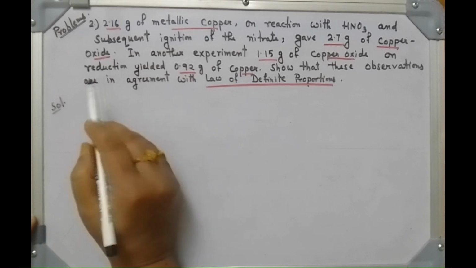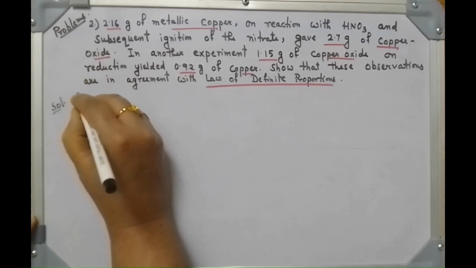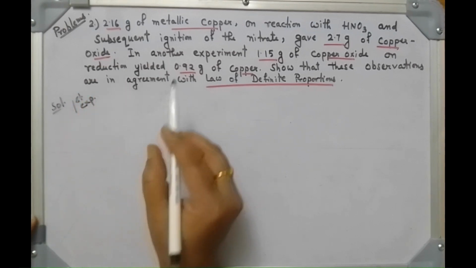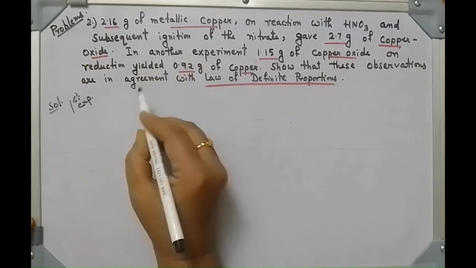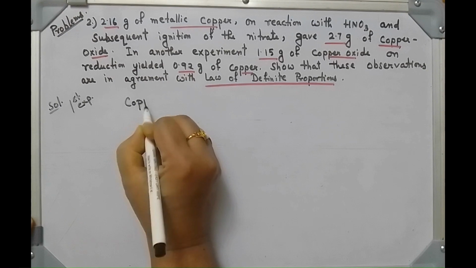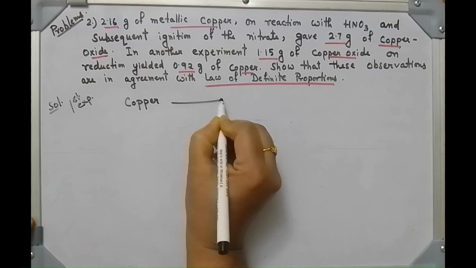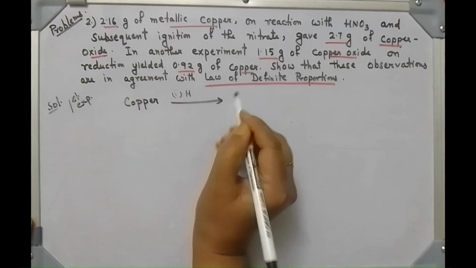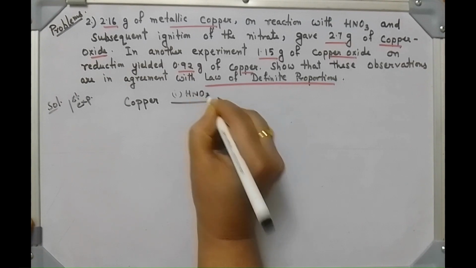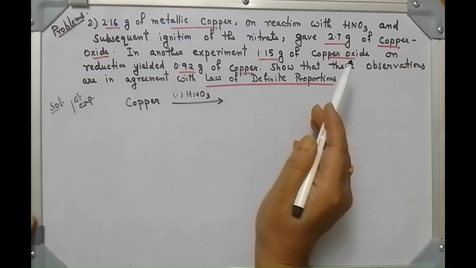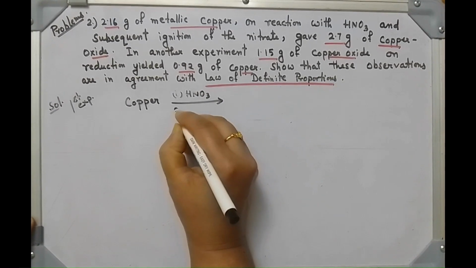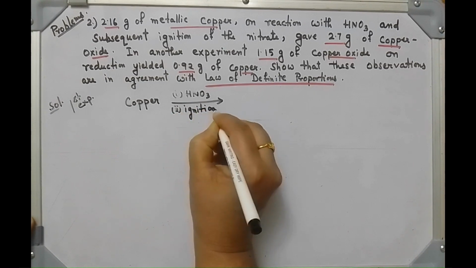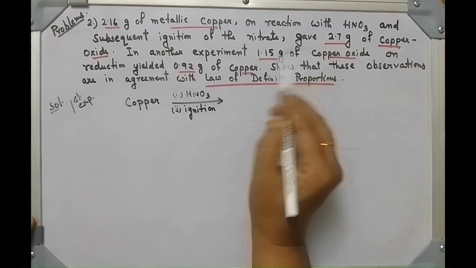Solution. So in the first experiment, it is given that metallic copper is reacted with nitric acid, and whatever nitrate you are getting, ignition of that nitrate gives copper oxide.